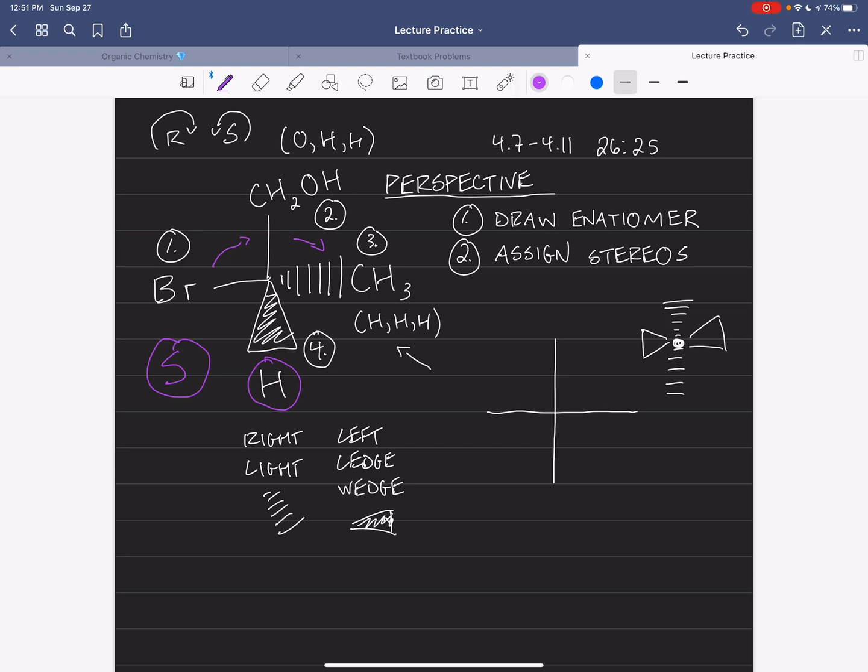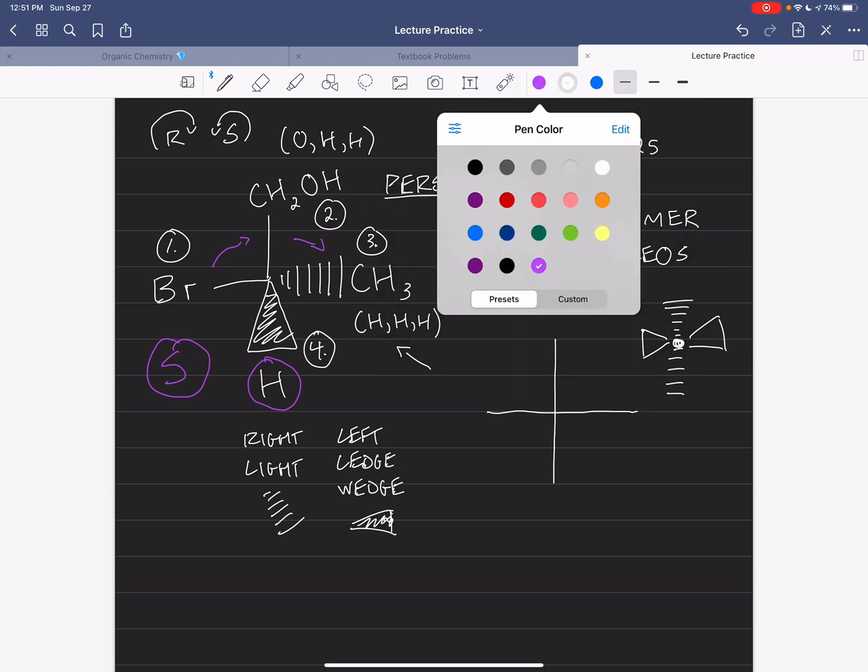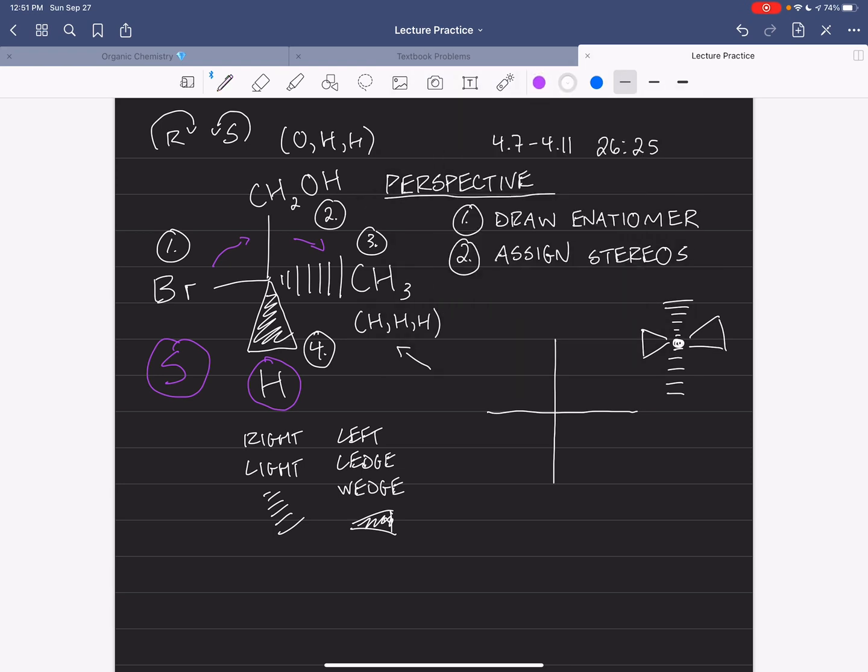But I'm going to work backwards here and say, if we got this perspective drawing, what does the Fisher projection look like? Well, we know right is light, so what's going to go on the right? Well, the CH3. And we know left, ledge, wedge, so the hydrogen's going to go here.